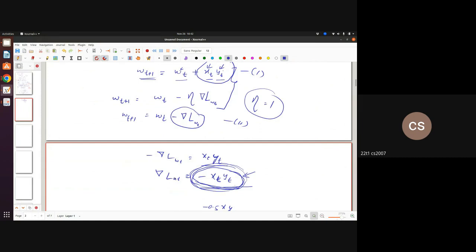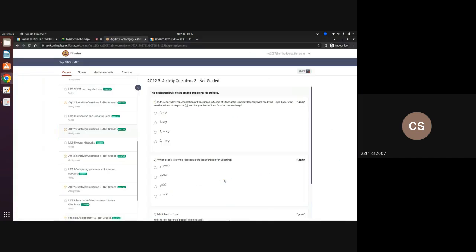Now when you put minus xy as the gradient over here, this becomes positive, since eta is 1, and that's how we get the perceptron update rule. So the gradient that we are taking is minus xy. That's what we are asking here. Eta is 1 and gradient is minus xy. Okay, so this is the correct option.